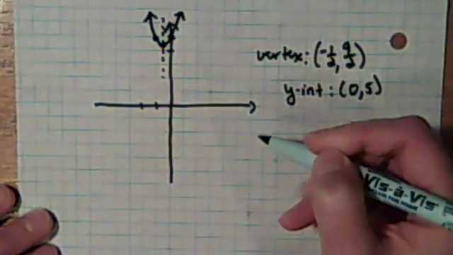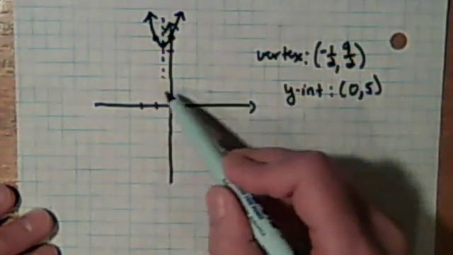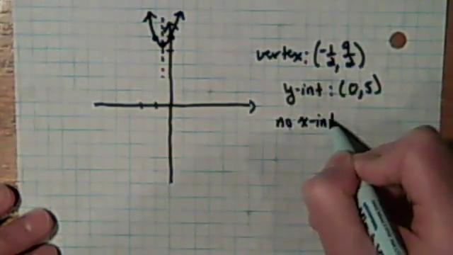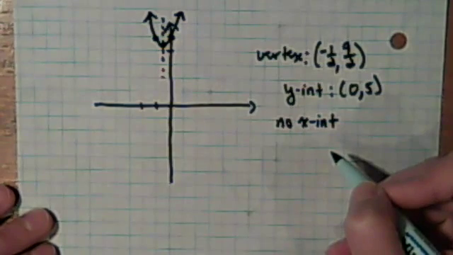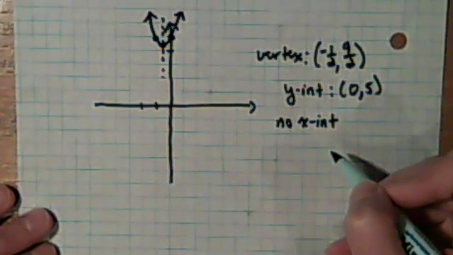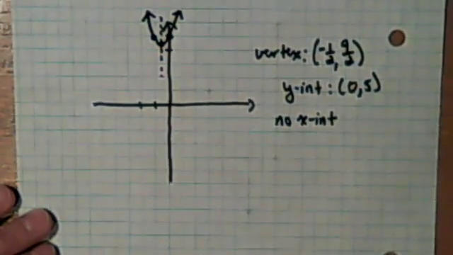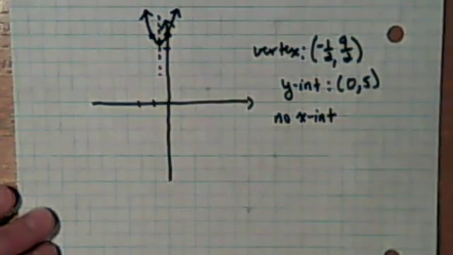Now notice that when you look at the graph, you can clearly see that there are no x-intercepts. And that may sometimes happen with some of the equations that you're asked to graph. So algebraically, what does that look like? Let's say you waited until after you tried to algebraically find all the information to sketch the graph.